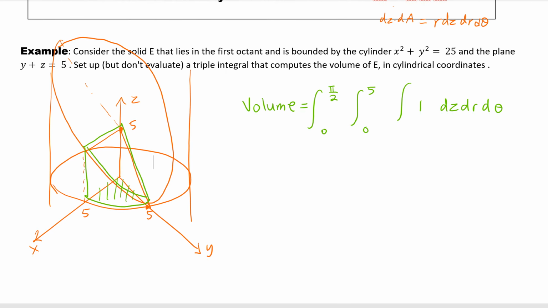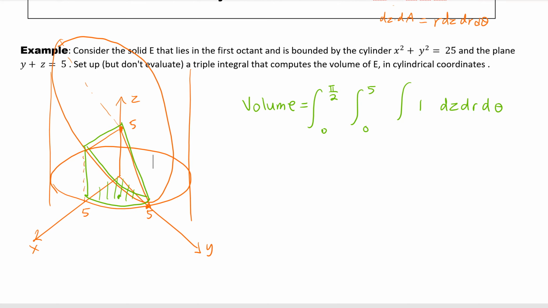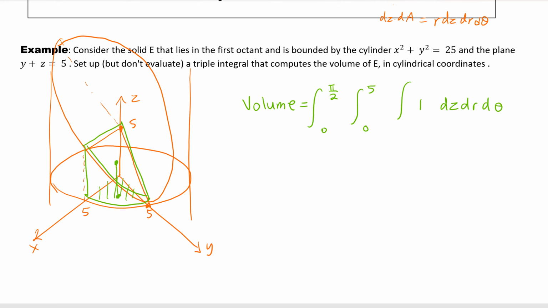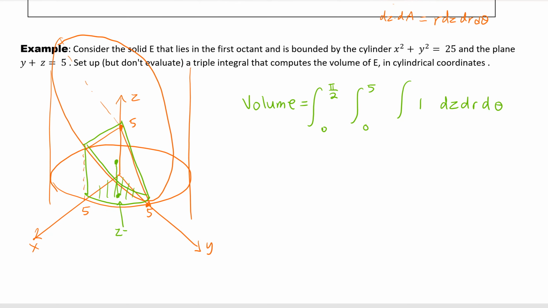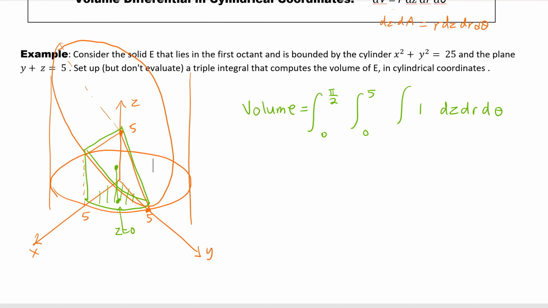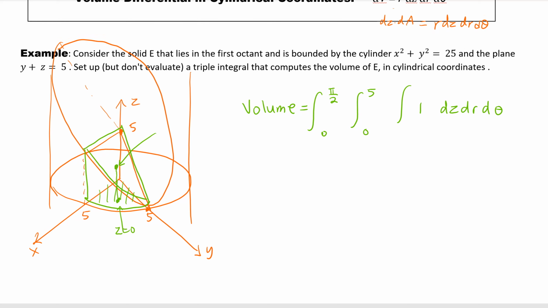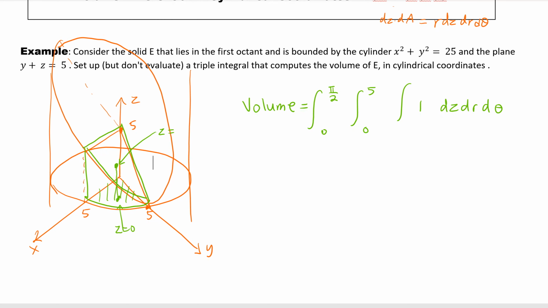And then how about the z? So for any point in this region, when we go in the z direction, you can see the lowest point is when z equals 0, and the upper point is when z is on the plane. On the plane we have y plus z equals 5.